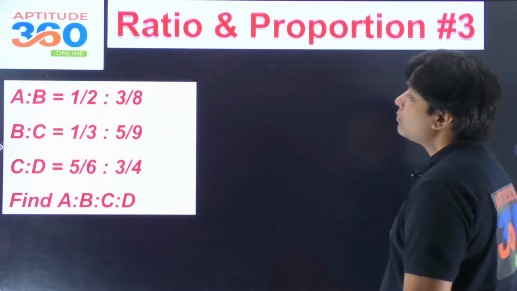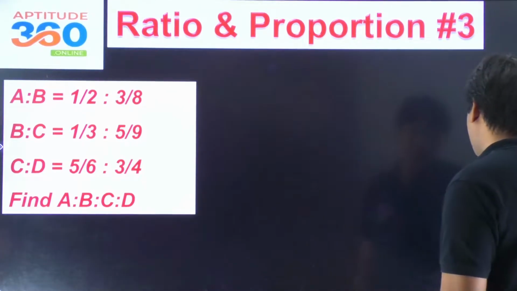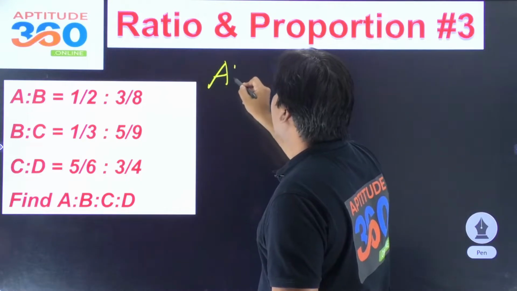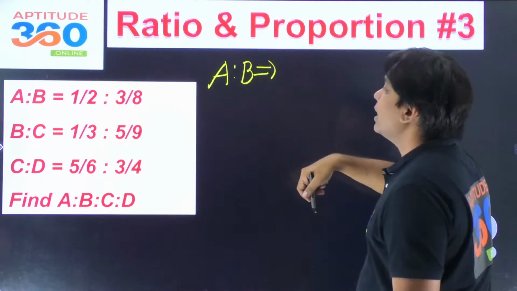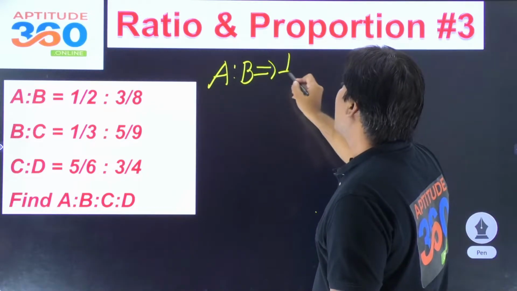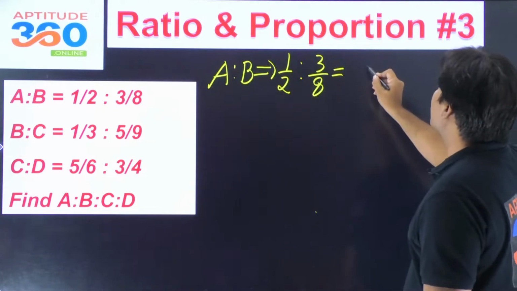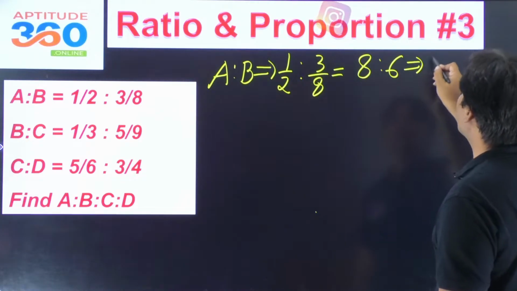Now what if we will have to find out a is to b is to c is to d? The same thing. What is it that you have to do? You have to simplify. How do you simplify a is to b? A is to b will come out as 1 by 2 is to 3 by 8, and if you do the cross multiplication, it is 8 and 6, which is nothing but 4 is to 3.